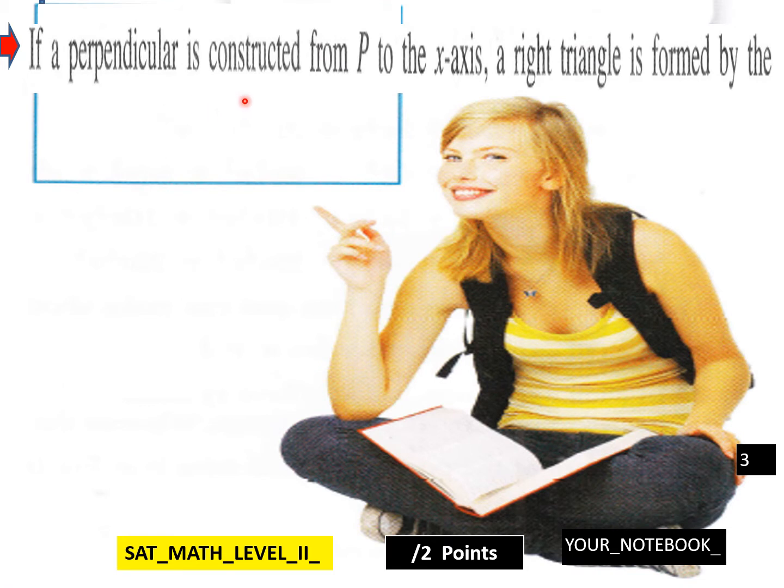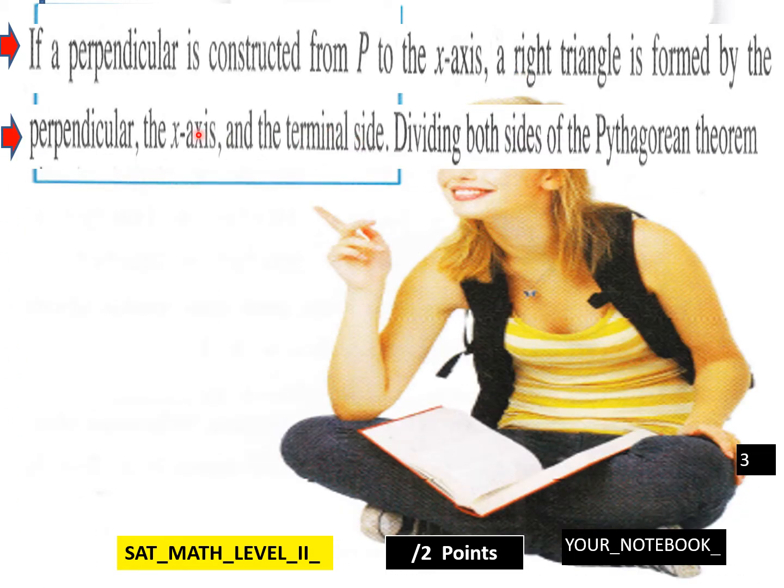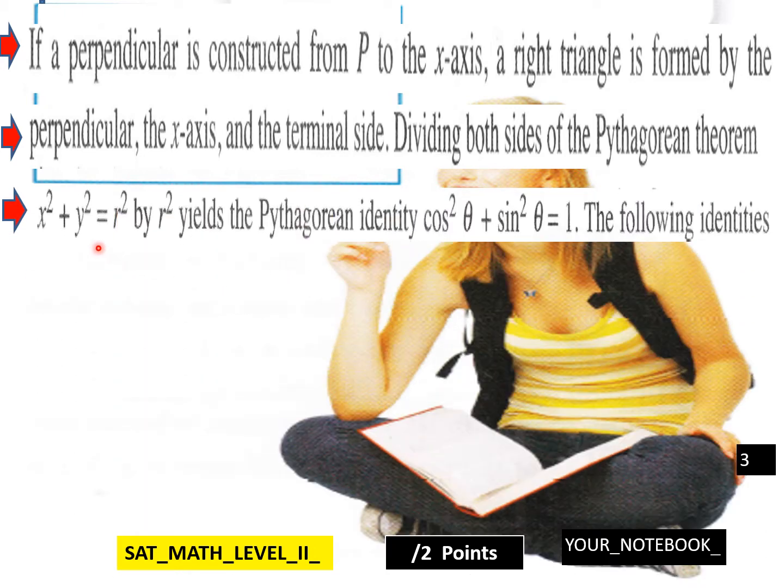If a perpendicular is constructed from P to the x-axis, a right triangle is formed by the perpendicular, the x-axis, and the terminal side. Dividing both sides of the Pythagorean theorem, x squared plus y squared equals r squared, by r squared yields the Pythagorean identity, cosine squared theta plus sine squared theta equals 1.